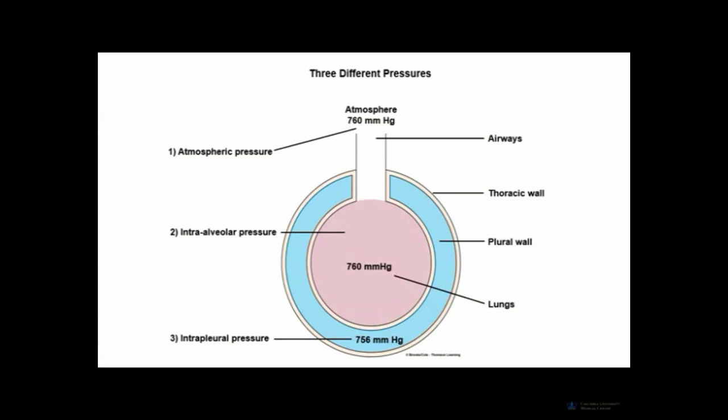And that's exactly what we do. And the way that we expand the lungs is by expanding the thoracic cavity, because the lungs are going to get pulled along with it. Make sense? So inhalation is going to involve expansion of the thoracic cavity, which expands the lungs and drops the pressure.